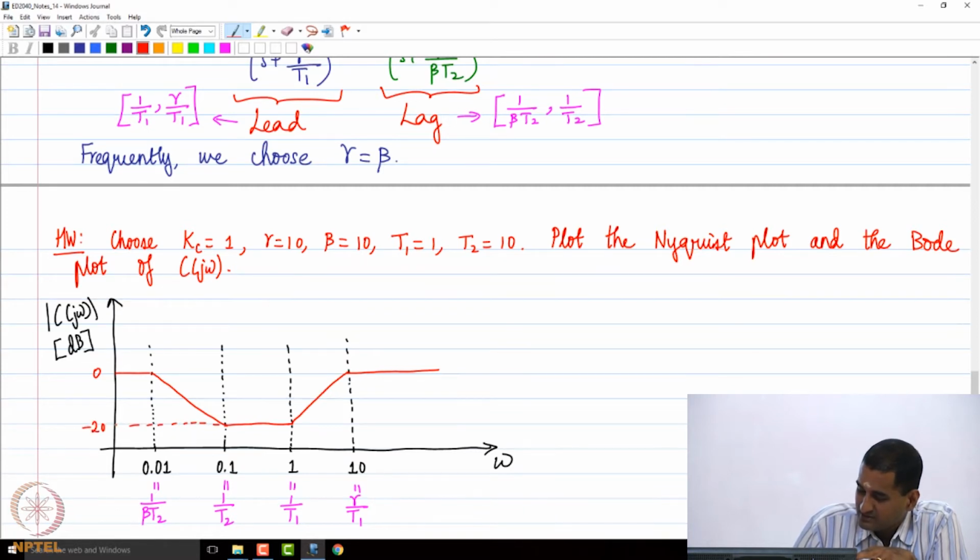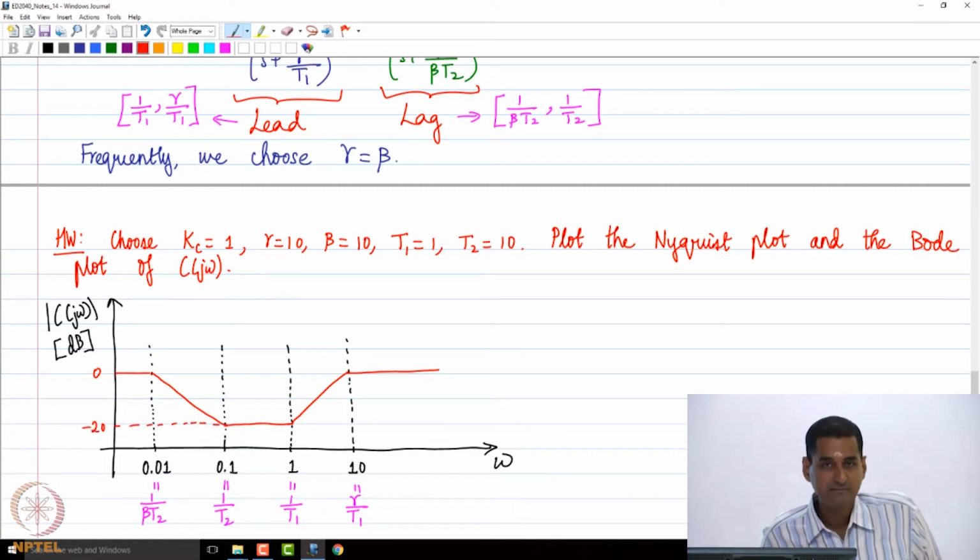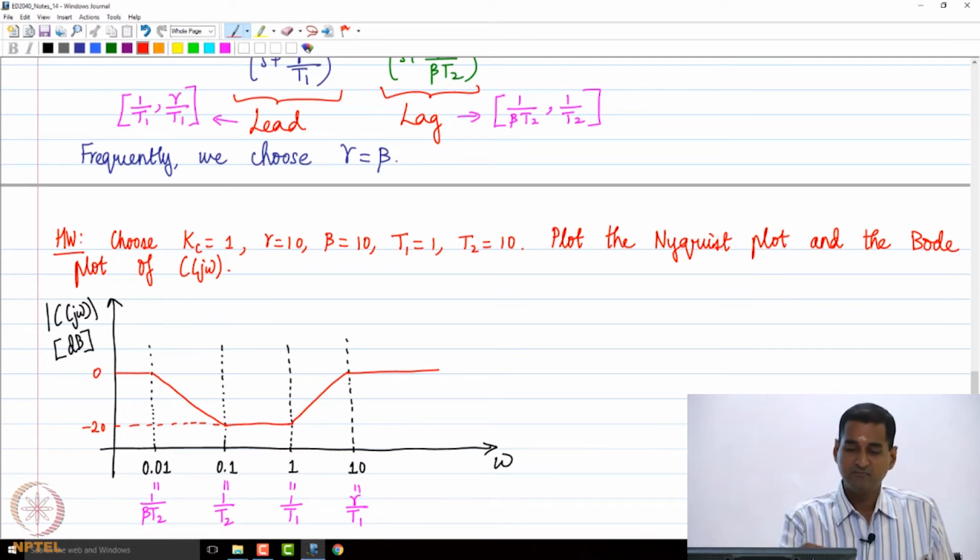This is what happens with the log magnitude curve of this particular transfer function, the lag lead transfer function.